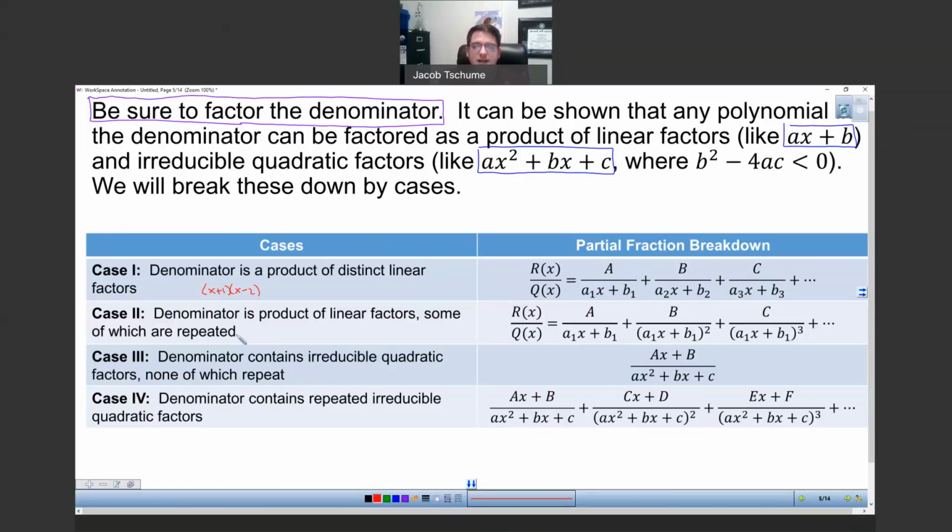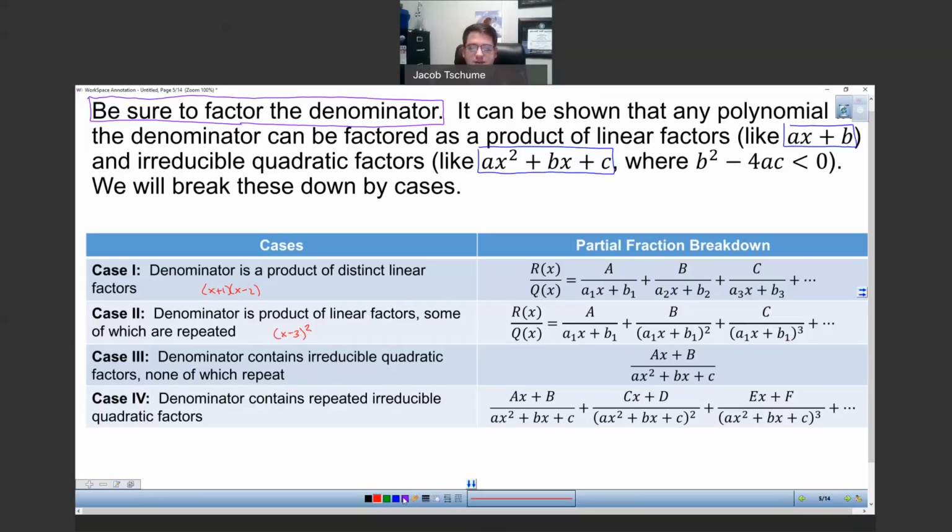Case 2 is when your denominator is the product of linear factors still, but what if some of them repeat themselves? So what if in the denominator you had something like x minus 3 all squared? So x minus 3 is a linear factor, but if it's repeated, this causes you to do a case 2 partial fraction.